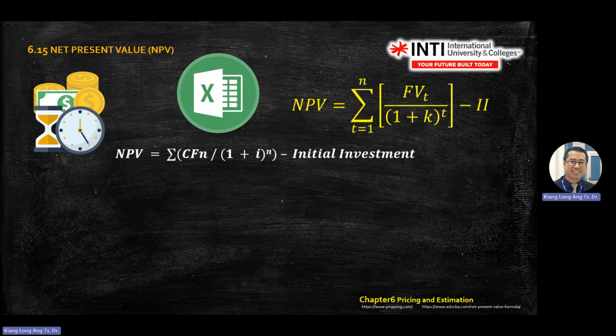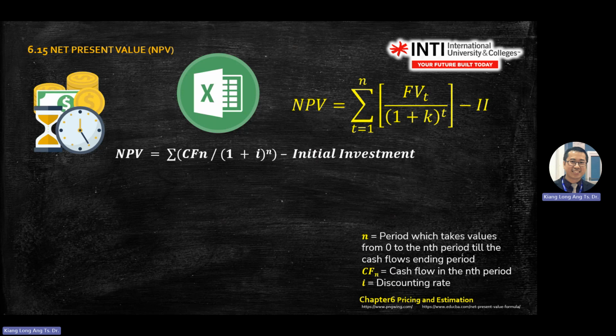I here is the K, or you can just replace K if you want. So I will write this equation over here. And NPV equals the sum of FV over 1 plus K to the power of T, minus II.